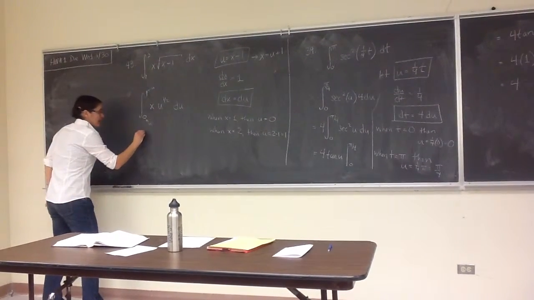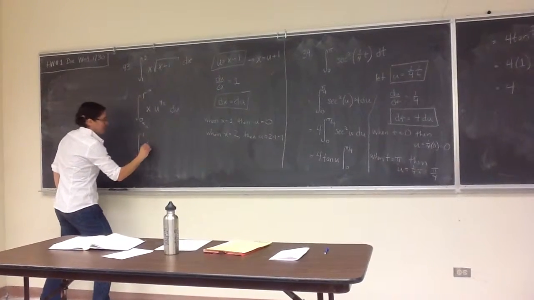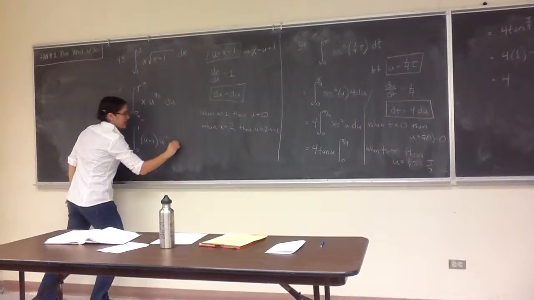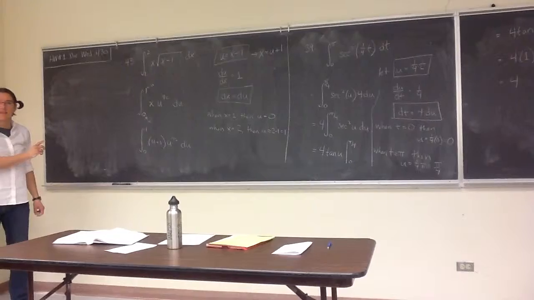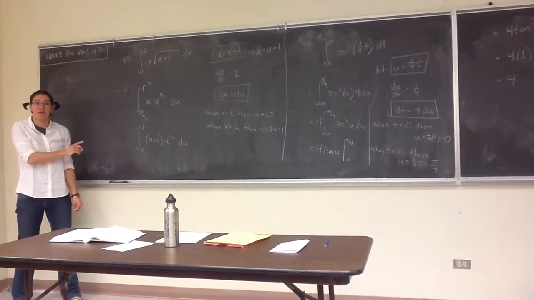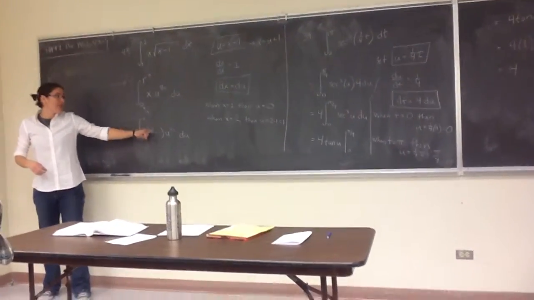And so here I now have the integral from 0 to 1 of u plus 1 times u to the 1/2 du. Now that may seem like cheating, but I'd like to encourage you to think of it rather than cheating as cleverness. And so we've made this extra substitution that's gotten rid of that extra x.